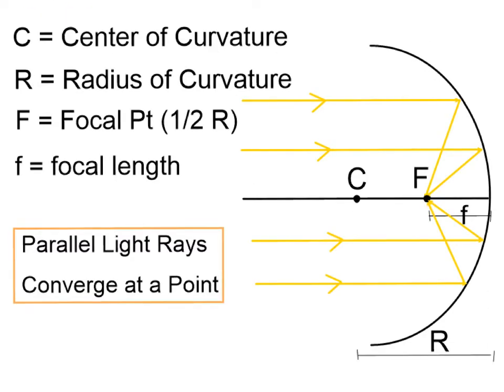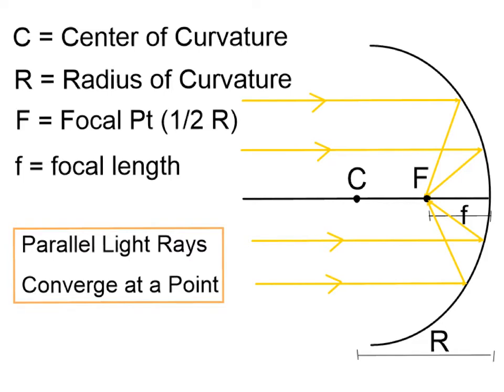For concave spherical mirrors, incoming parallel light rays will reflect off the surface and converge at a point. This point we call capital F, the focal point.